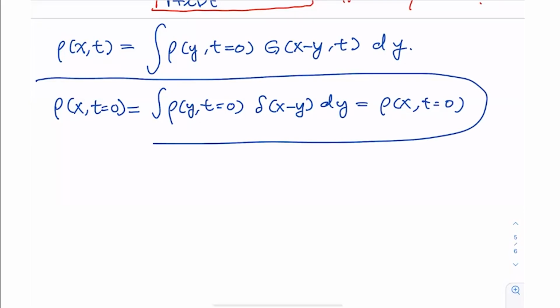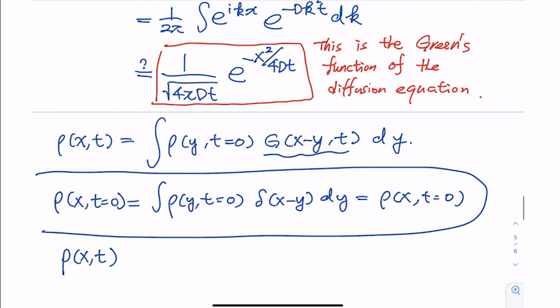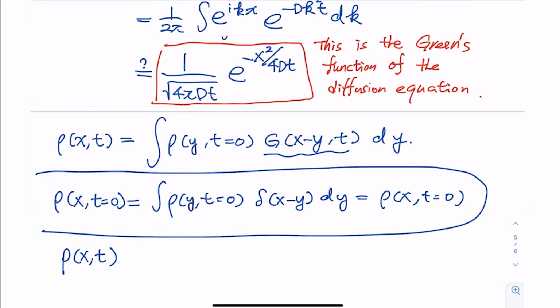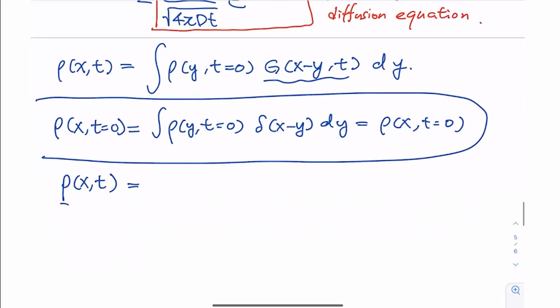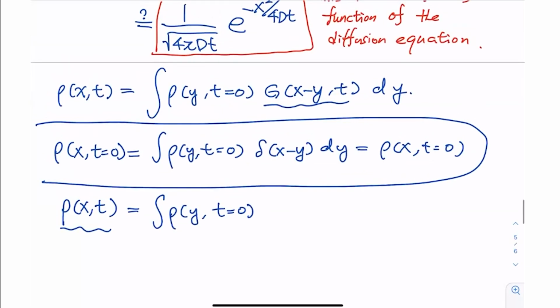So now, as we already know the solution of our Green's function, that's what we derived in this red box, we have a very general expression for the evolution of our density profile. It is the density profile at t equal to 0, and you just do the integration.